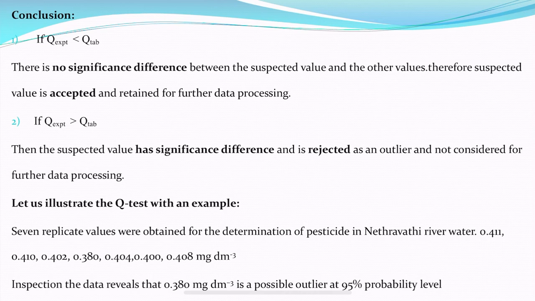Inspection of these data reveals that 0.380 mg per dm cube is a possible outlier at 95% probability. If you look at these values, you can find which value is the outlier, because all the values are in the 0.4 range, but only one value is 0.38. So this is a suspected value, or what is called an outlier.